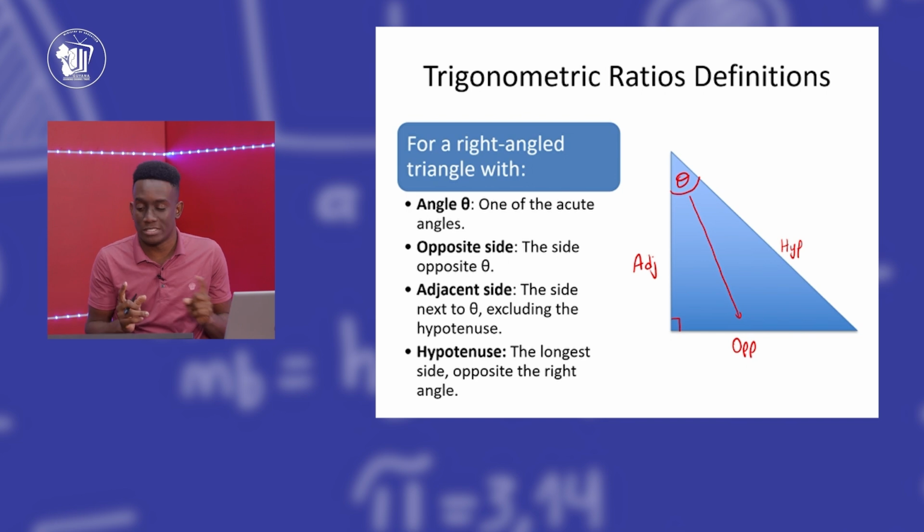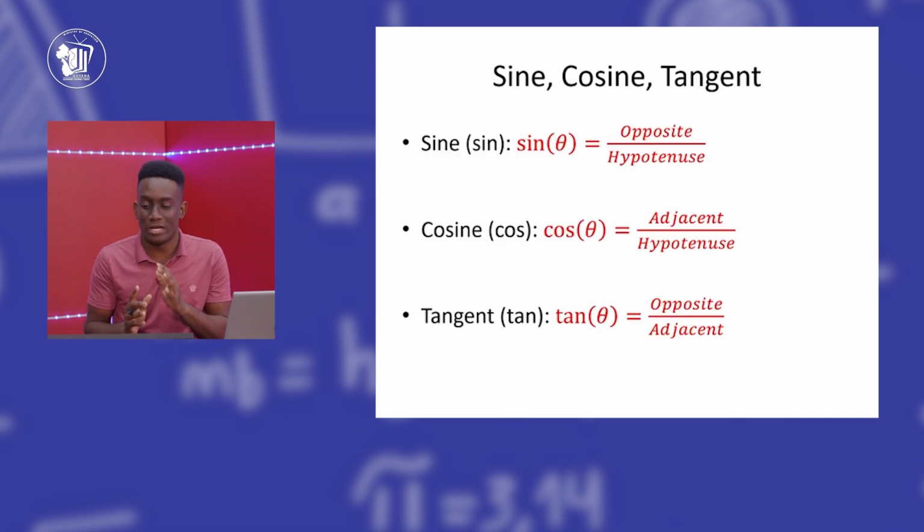So the side opposite theta will be the opposite. The side opposite the right angle, which is the longest side, would be the hypotenuse, and the other side would be the adjacent side.